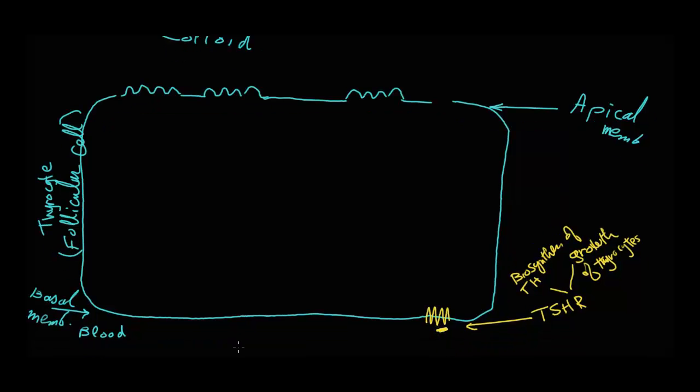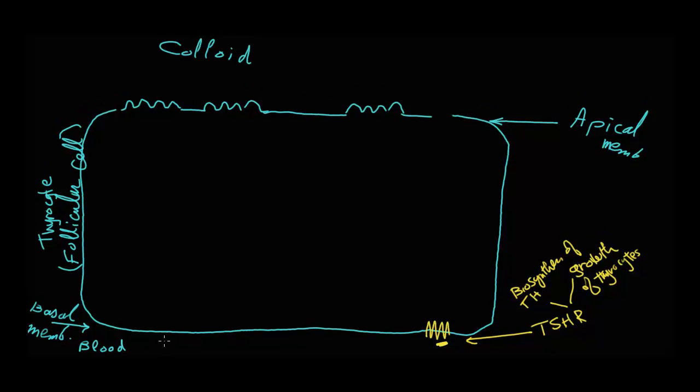The second point we are going to talk about is the active transport of iodide across the basal membrane. So iodide moves from the extracellular space into the cell, so it moves in that direction. So this is the active transport of iodide across the cell membrane.